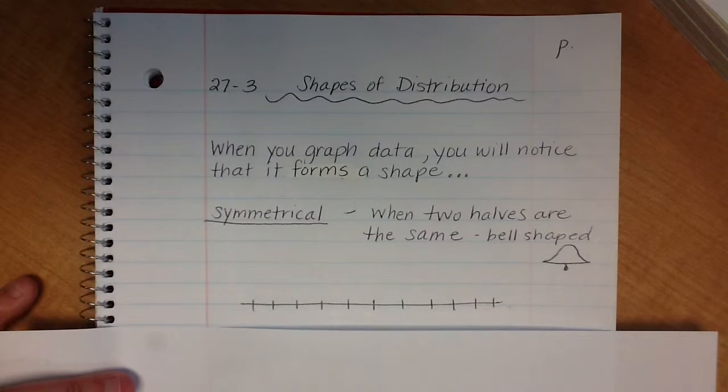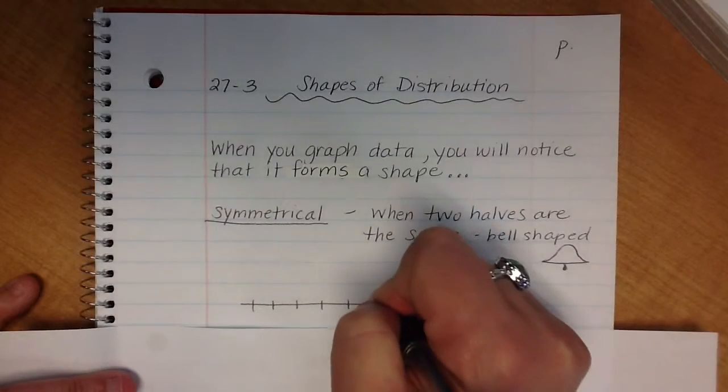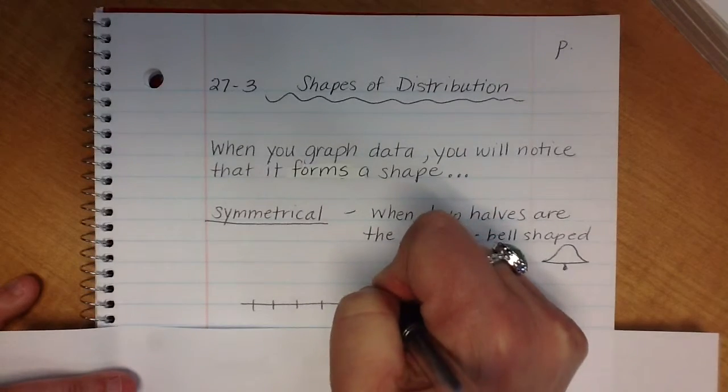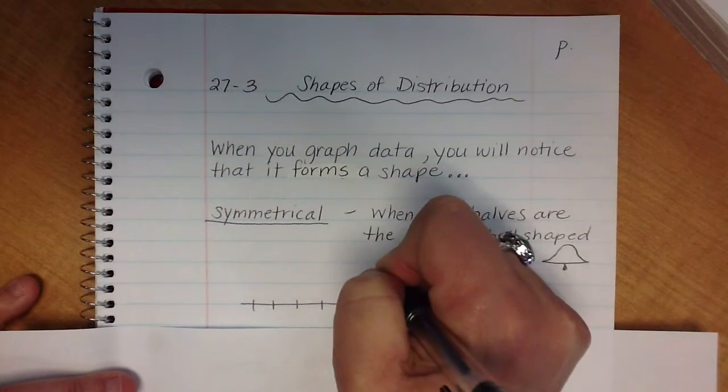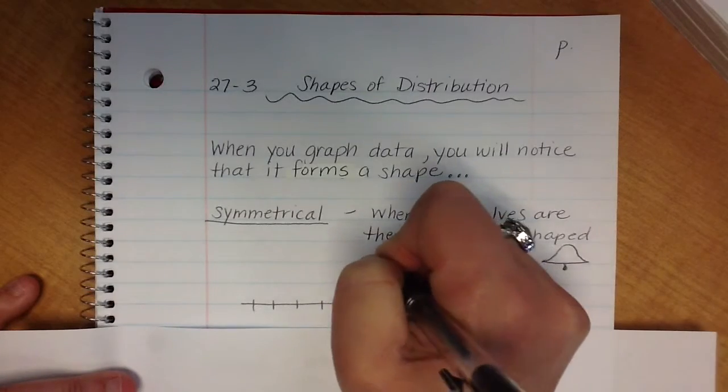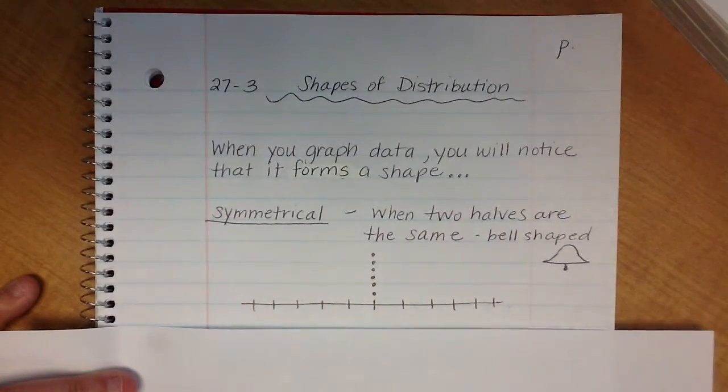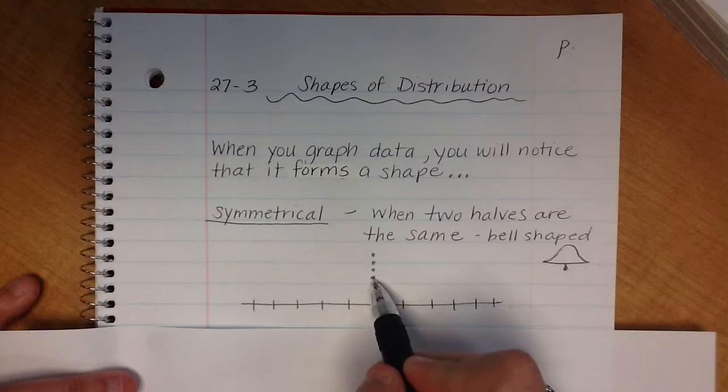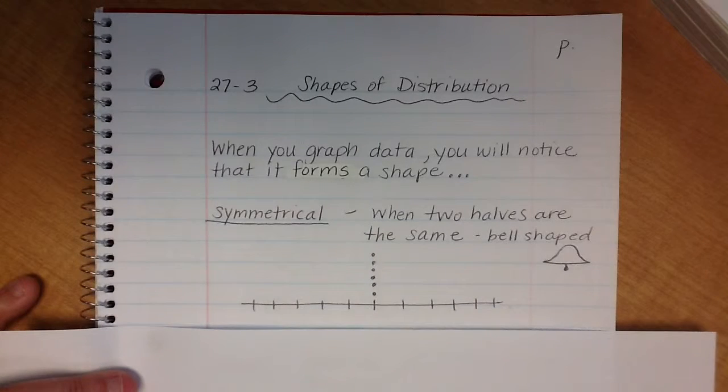So let's say we've got some data, and our data has primarily clumped in the middle. We don't really know what this data represents. We're just showing an example of what symmetrical data would look like. So we've got 1, 2, 3, 4, 5, 6 data points there.